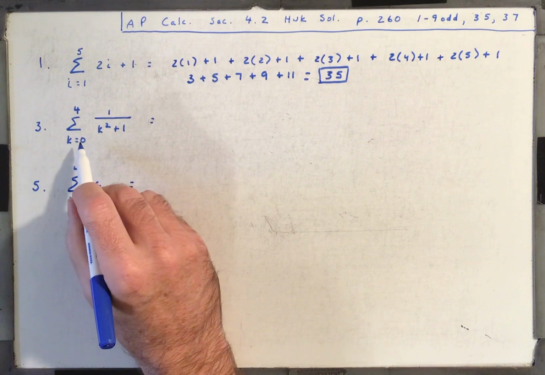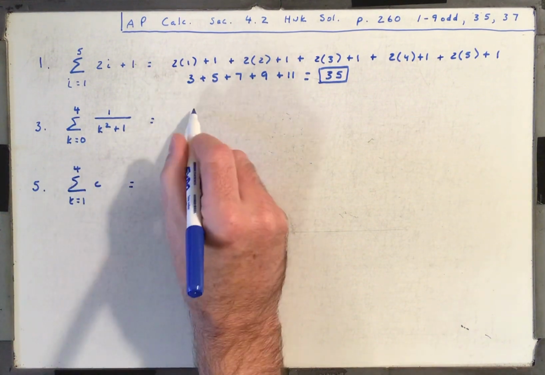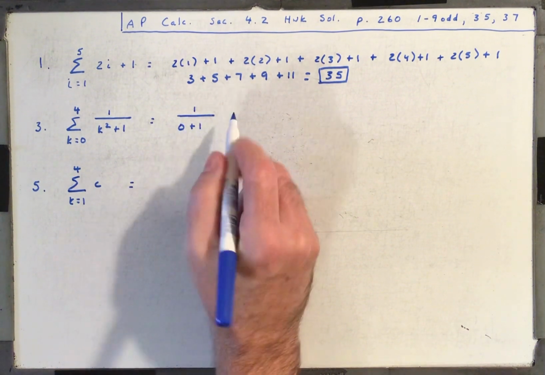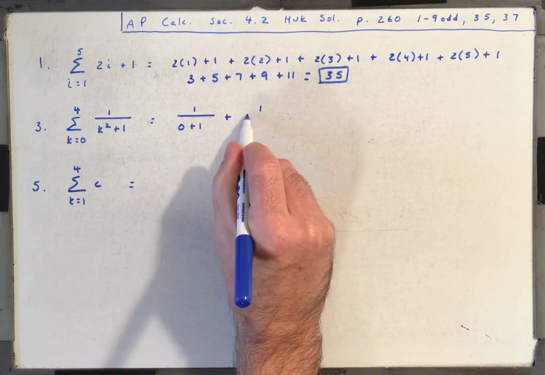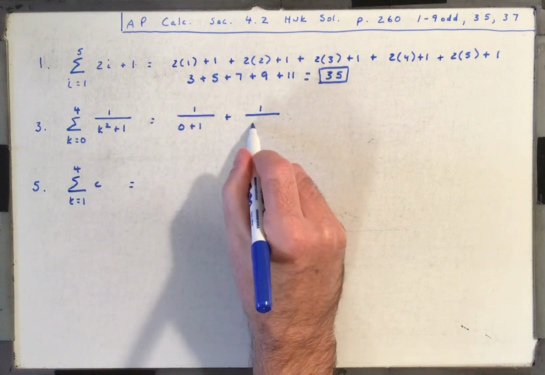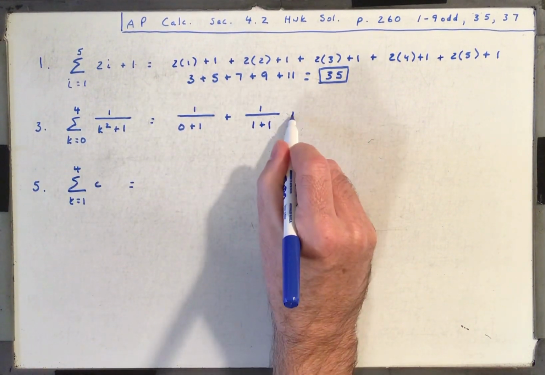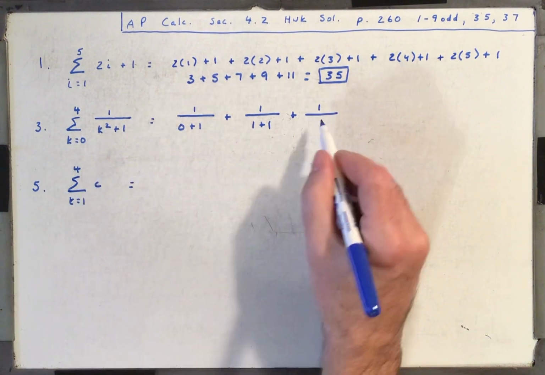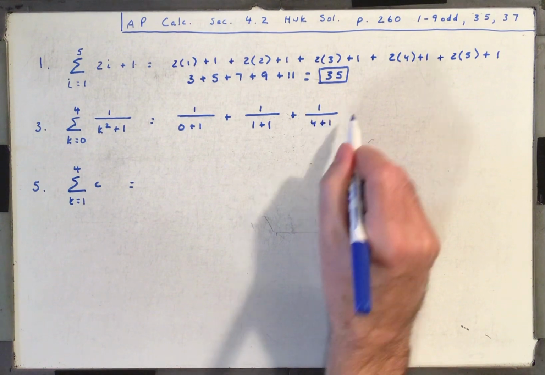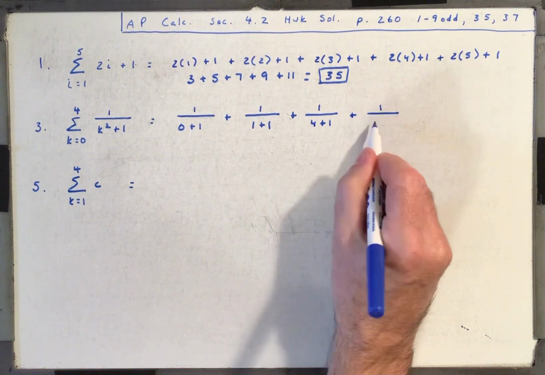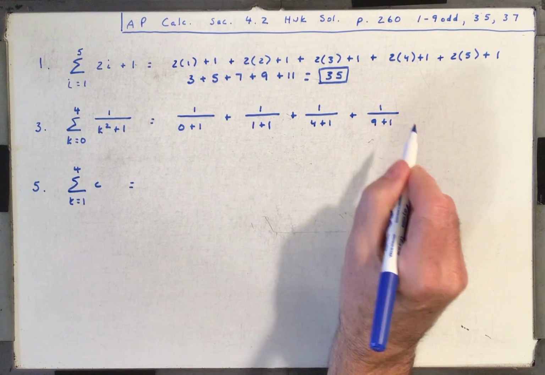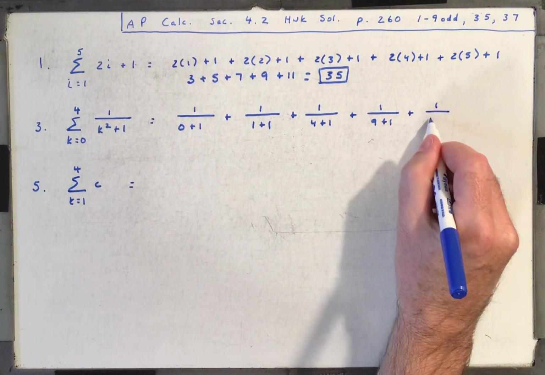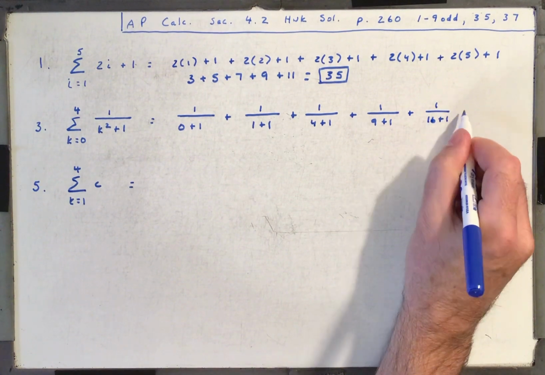All right, for number 3, we would have 1 over 0 plus 1, plus 1 over 1 squared, which is 1 plus 1, plus 1 over 2 squared, which is 4 plus 1, plus 1 over 3 squared, which is 9 plus 1, plus 1 over 4 squared, that's 16 plus 1.